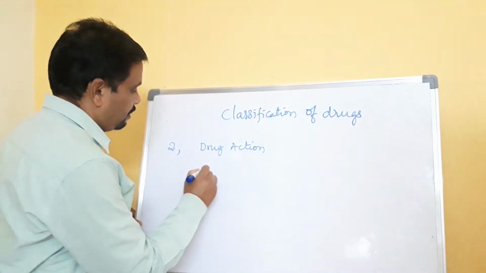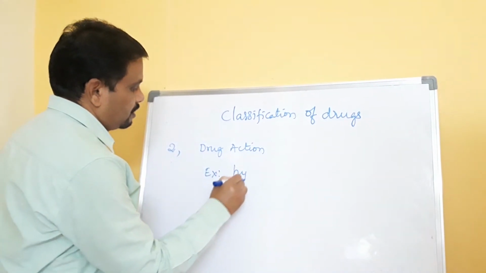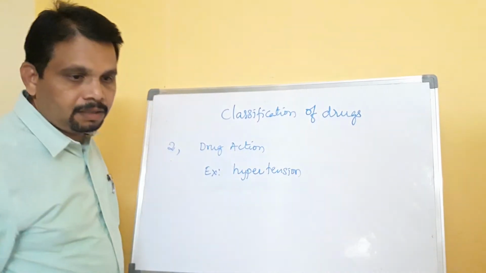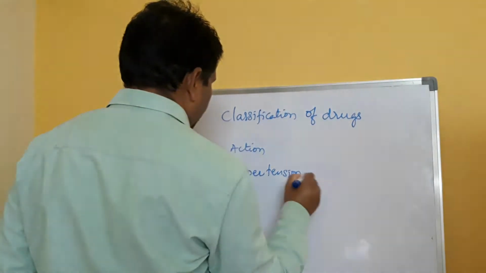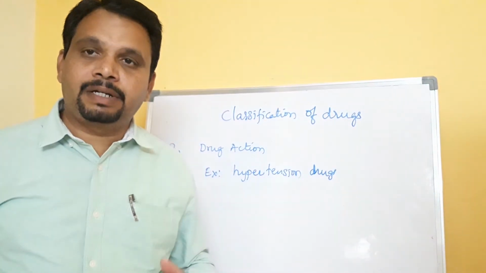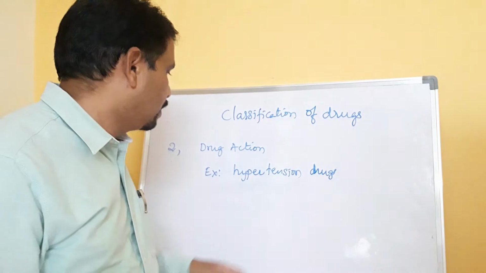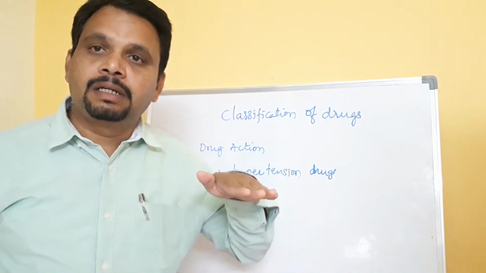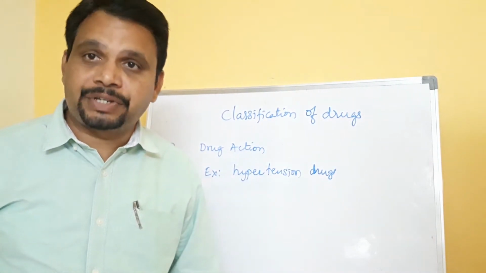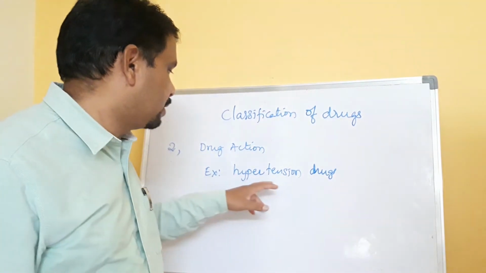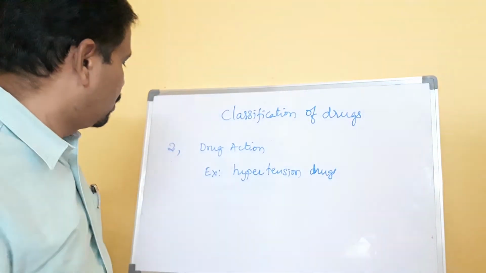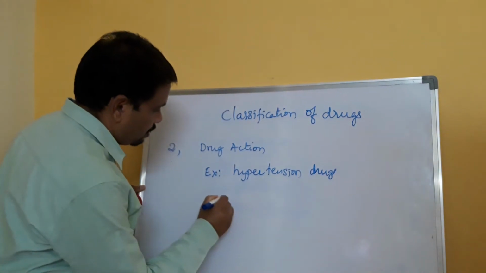For example, hypertension drugs. There are many hypertension drugs available in the market, but each of them has its own pathway of action, and finally they all work on the hypertension problem.